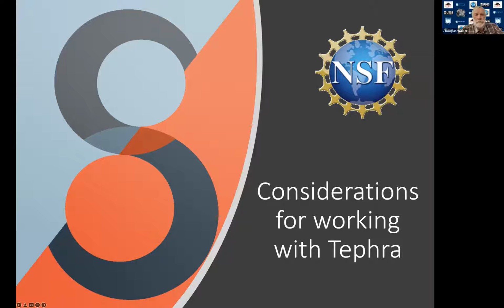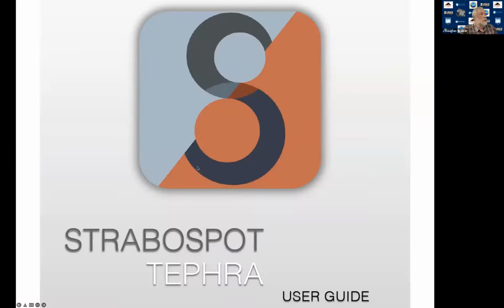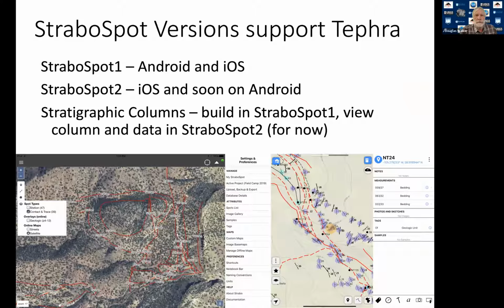This is a little bit about considerations for working with Tephra. And I introduced this a bit ago, but again, you have the StraboSpot Tephra help guide that you can get to, and that explains a lot of this on getting data in. Just to show you a couple of things on what we are doing here, the StraboSpot versions both support the full Tephra vocabulary.